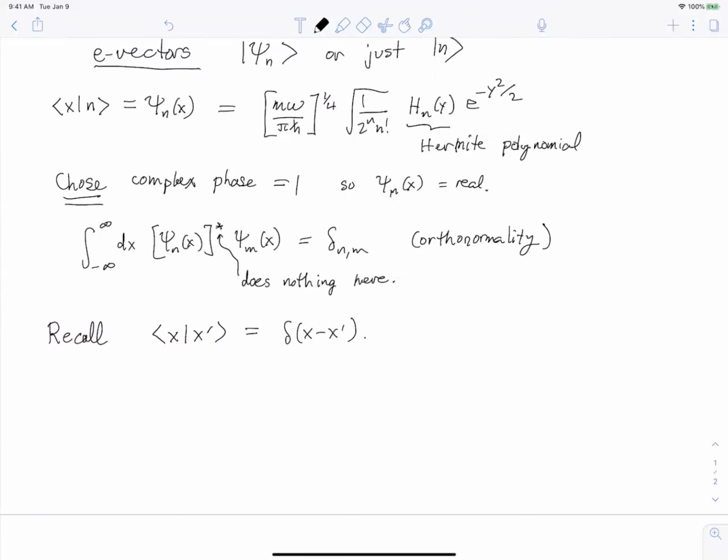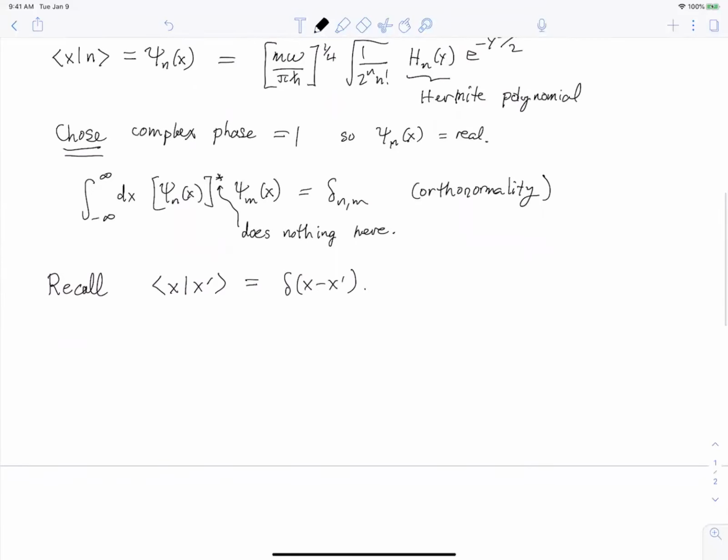It's just always a mathematical fact. But so now we can see what this implies for harmonic oscillator wave functions by taking a sum n equals 0 to infinity of x n and n x prime. So I've just put in 1 as a complete set of states. So that's still delta x minus x prime.